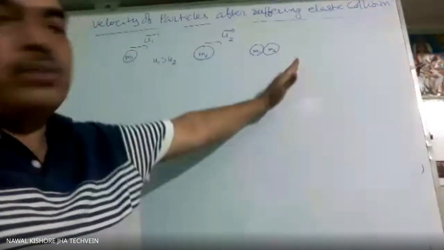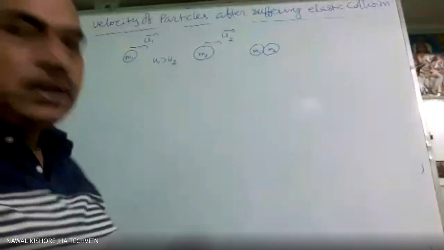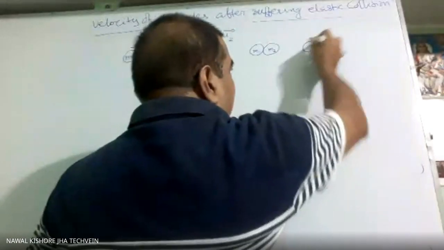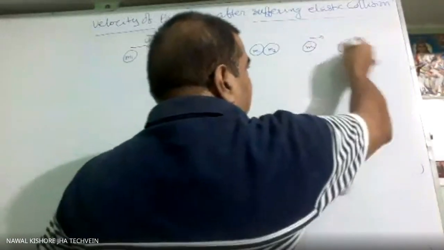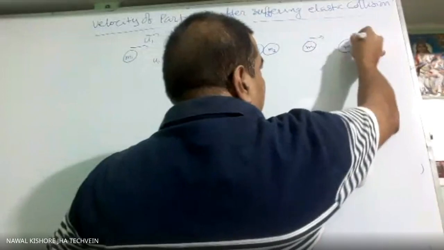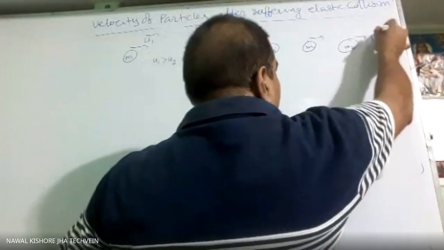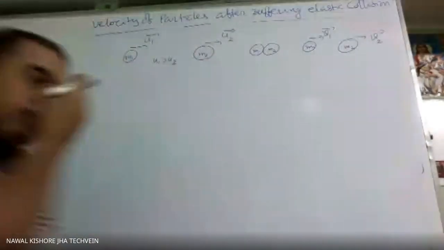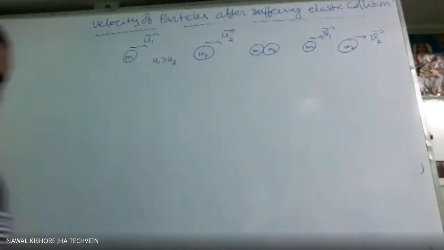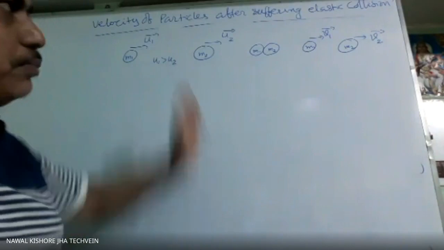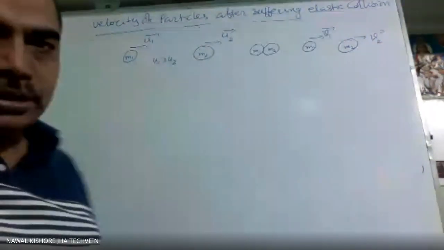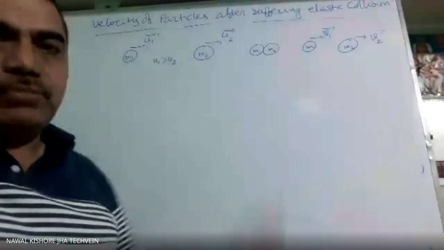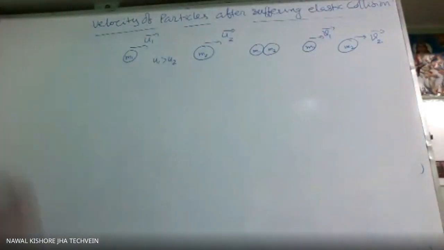This one applies force on that, that one applies force on this, and finally these two separate. This one is with velocity v2, this one with velocity v1. For our convenience, we have taken all in the same direction. If the direction is opposite, naturally you have to consider it and add like vectors.